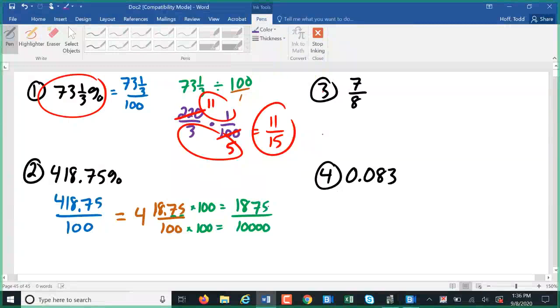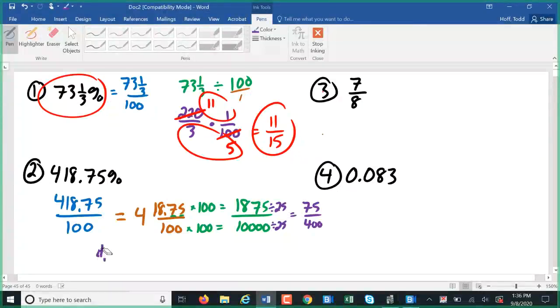Both 1875 and 10,000 can be divided by 25. 1875 divided by 25 is 75. 10,000 divided by 25 is 400.